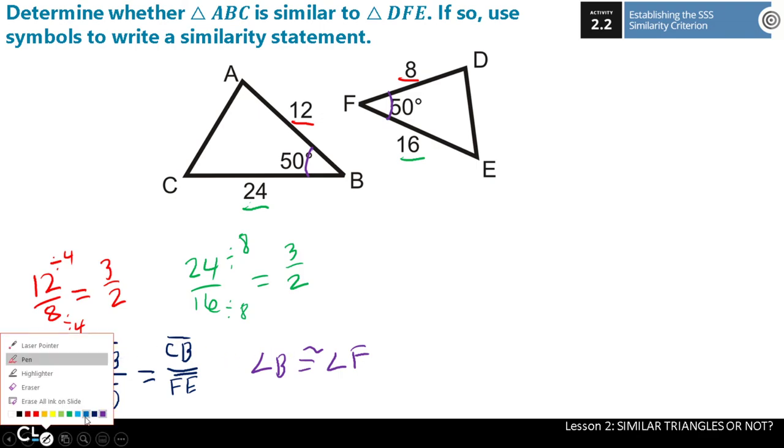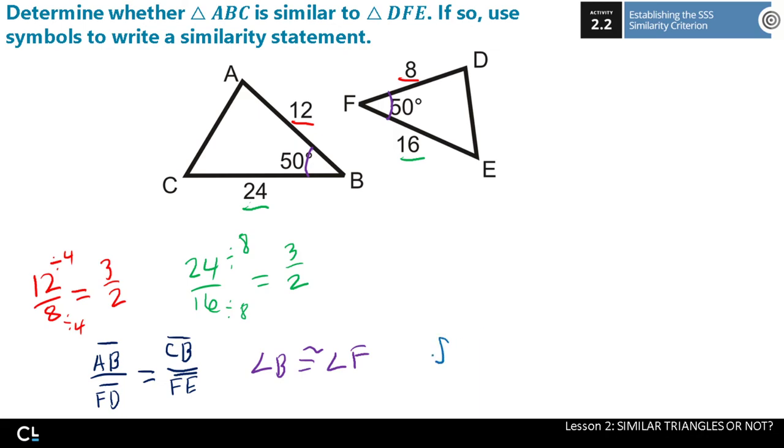So we could say by side, angle, side, similarity, triangle ABC is similar to triangle DFE. Amazing. Just like that, we use our side, angle, side similarity.